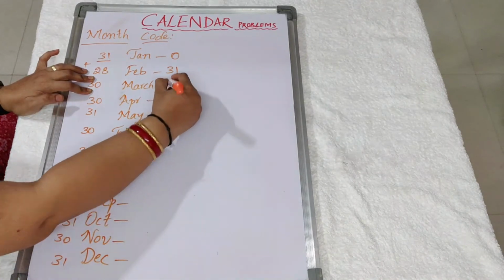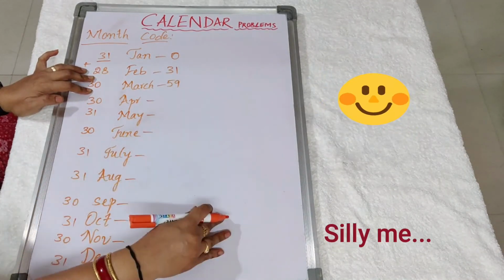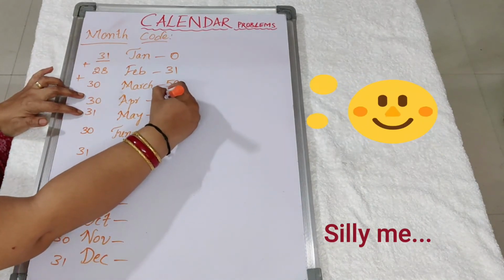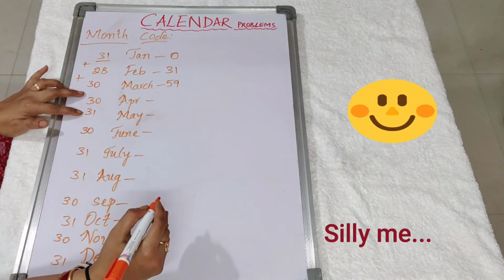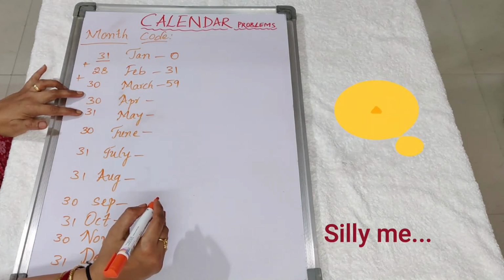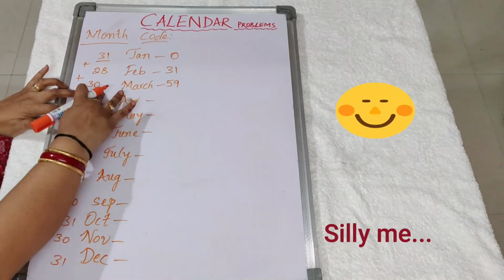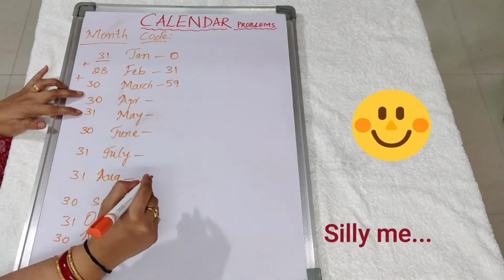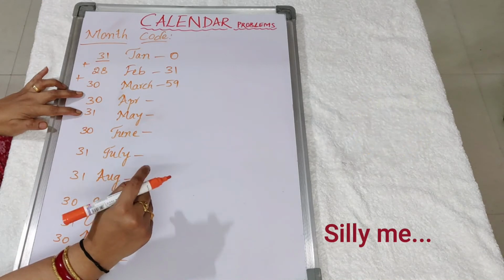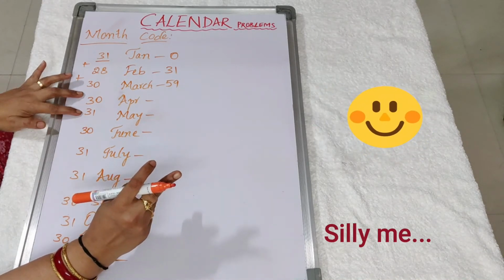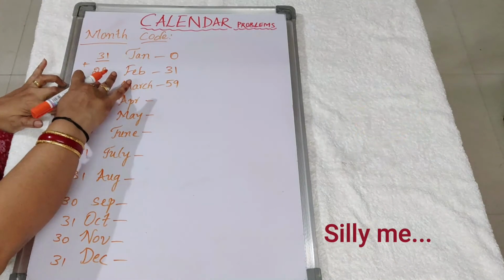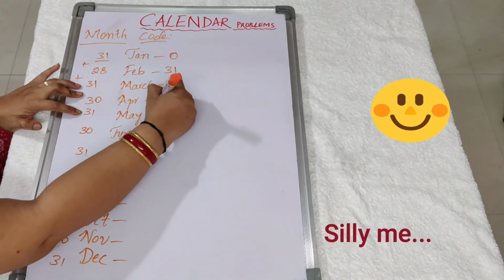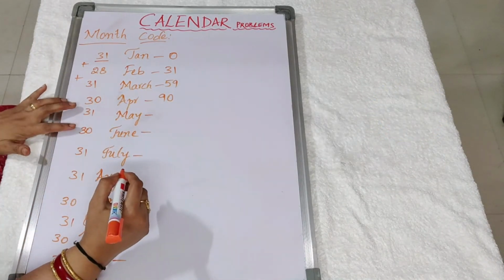So how many days do we have? 59. And so, 59 plus 31, March is 31 days.